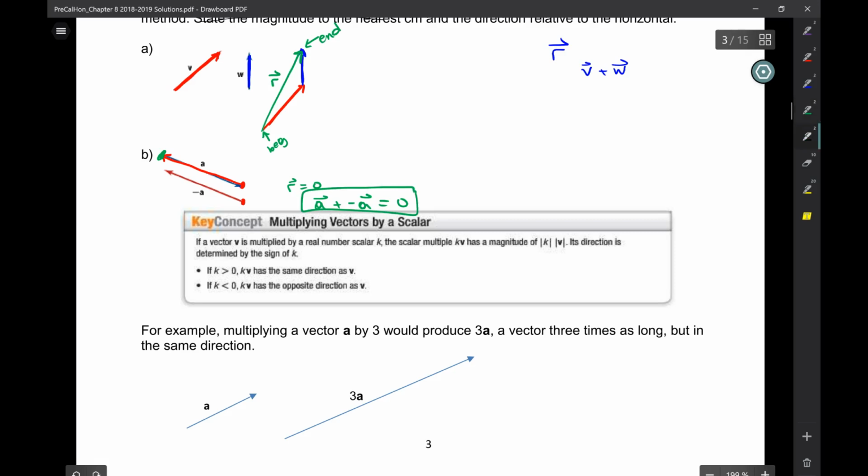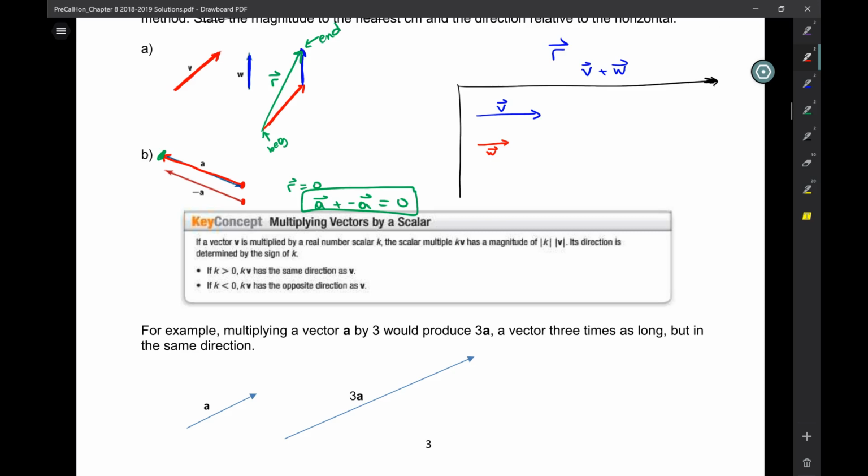Let me do another example. So suppose this is vector V, and this is vector W. What would V plus W look like? Two arrows. So V is here.